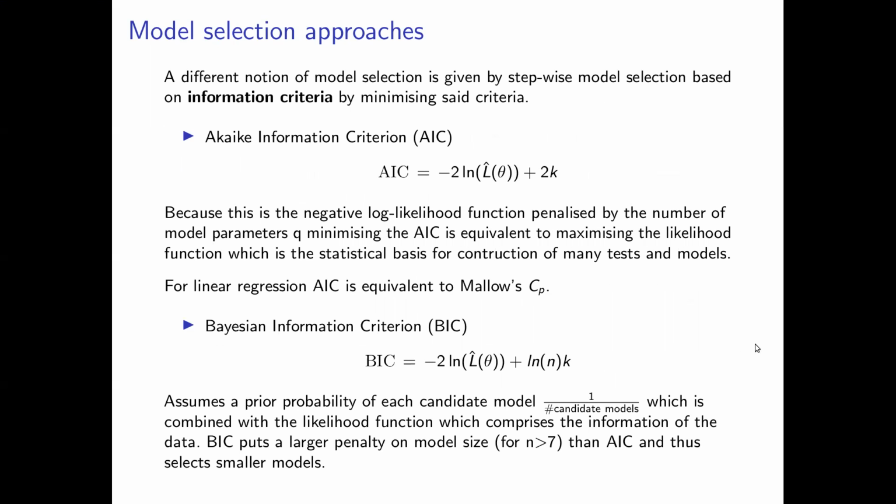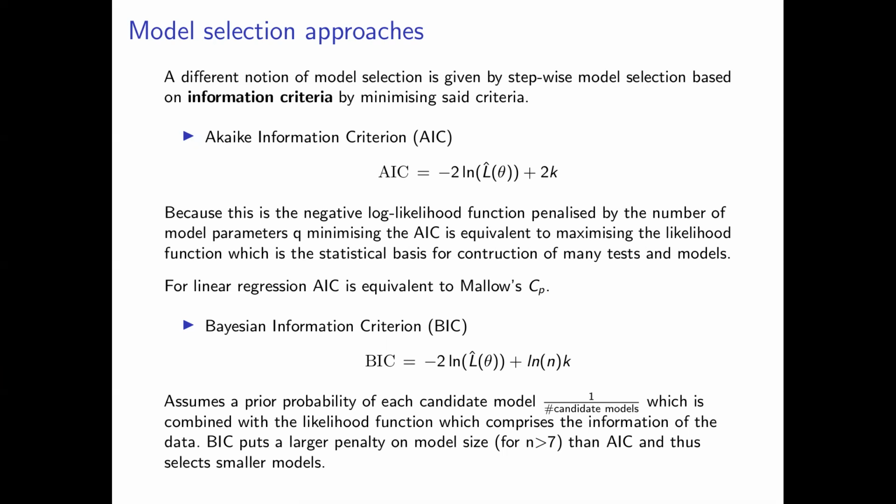Therefore, more sophisticated approaches exist, and these are based on the notion of information criteria. So any type of stepwise model selection which removes the most irrelevant variable in each step is based on some of these information criteria, and there are a lot more than just two here presented now, but we will talk about these as the most relevant ones.